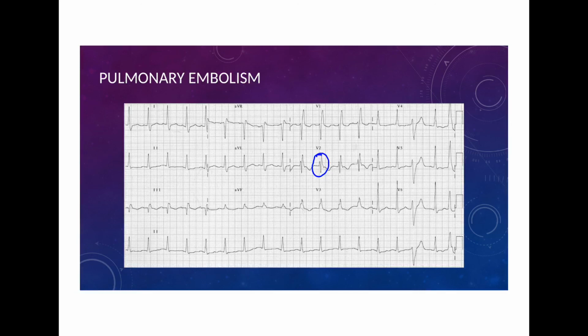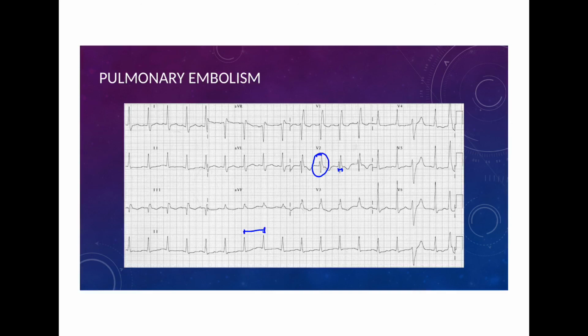The QRS complexes are somewhat wide, which would tell you that there's a right bundle. And the patient is tachycardic, so you can see that the QRS complexes are slightly less than three big boxes apart. So that's telling you the patient's tachycardic.